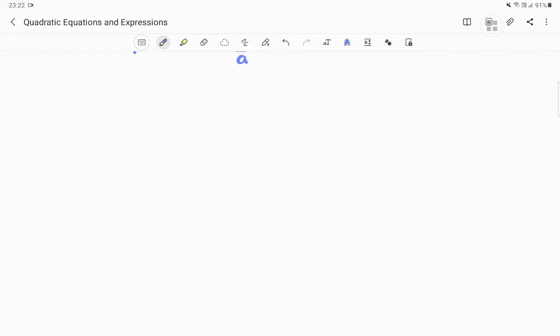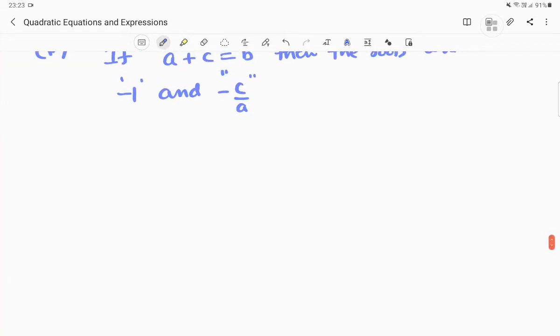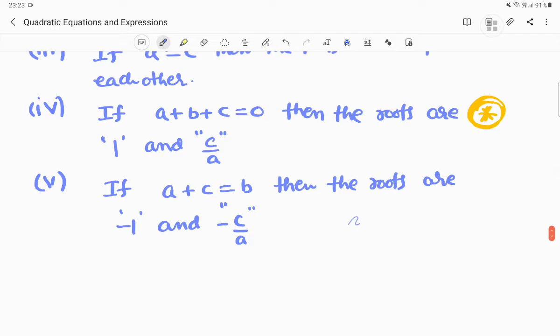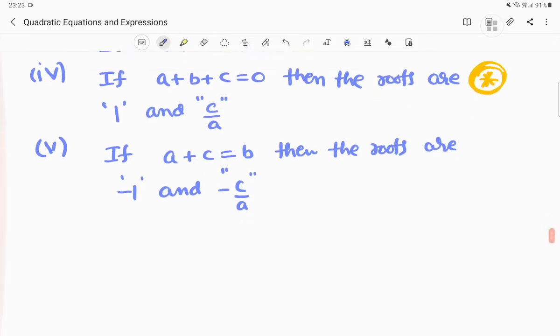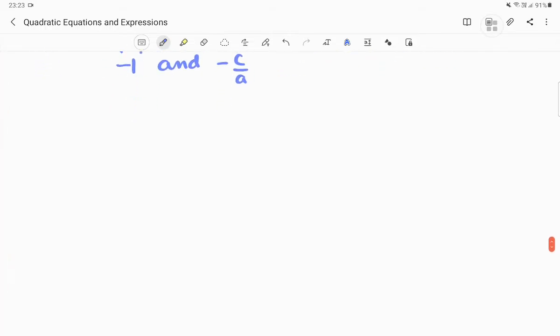See here, examples we will find out. In the common roots concepts also we will apply based on these properties of roots. So one by one we will discuss.